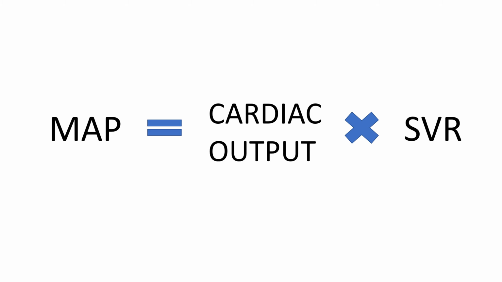And hence, we have the classic equation that says that blood pressure is dependent on cardiac output times systemic vascular resistance. In other words, blood flow out of the heart meets an opposition to the flow, and this generates a pressure.